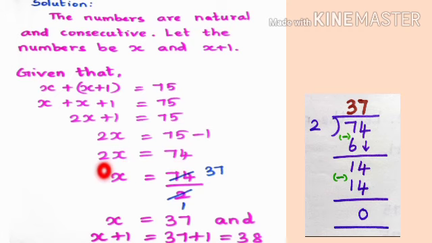And here 2 is transferred as 1 by 2, that is 74 divided by 2. Now, cancelling 74 and 2, we get 37. So, the number is 37. The next number will be x plus 1, which is 37 plus 1 is 38. Therefore, the two consecutive natural numbers are 37 and 38.